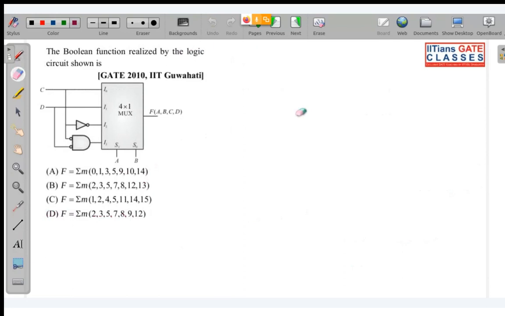Now next, solve this question. Very quickly I want you to solve this question. See, bubble in the input means that it is complemented. Bubbled input, okay? Complemented input. Very quickly tell me what will be the answer.